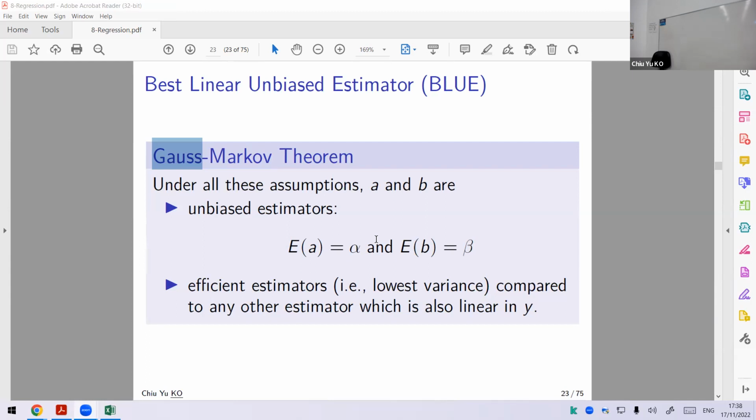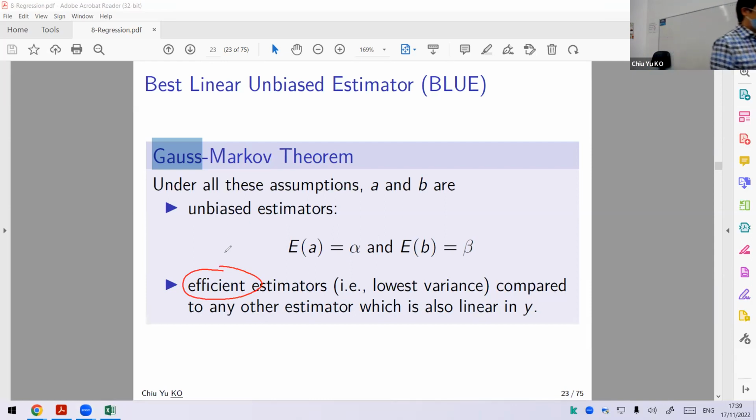Okay? So it means that if we think the data are generated according to what we propose, the method we use to minimize the distance, whatever distance, is indeed trying to guess the right line. And not only unbiased, the second important thing is that they're efficient, right?